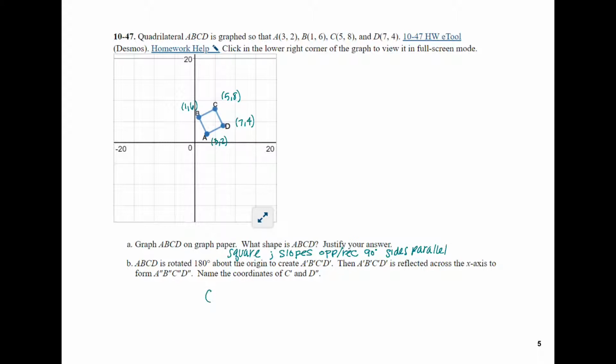You would see that C prime would be located at the ordered pair (-5, -8) when it was rotated about the origin. D prime, after reflecting it over the x-axis, would be at the ordered pair (-7, 4).